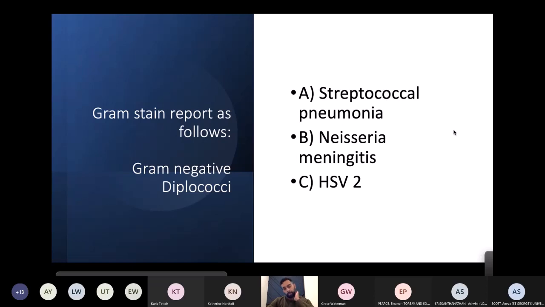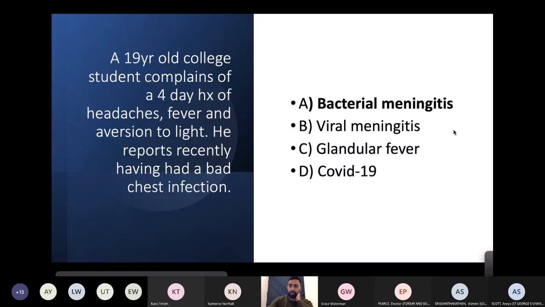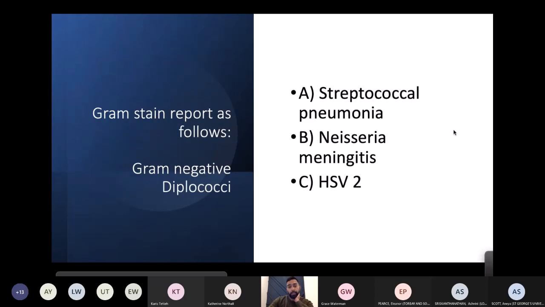Okay. So, yeah, if this was our student and you've correctly said yes, I think it's bacterial meningitis, you then get a gram stain for the bacteria. What would you think?